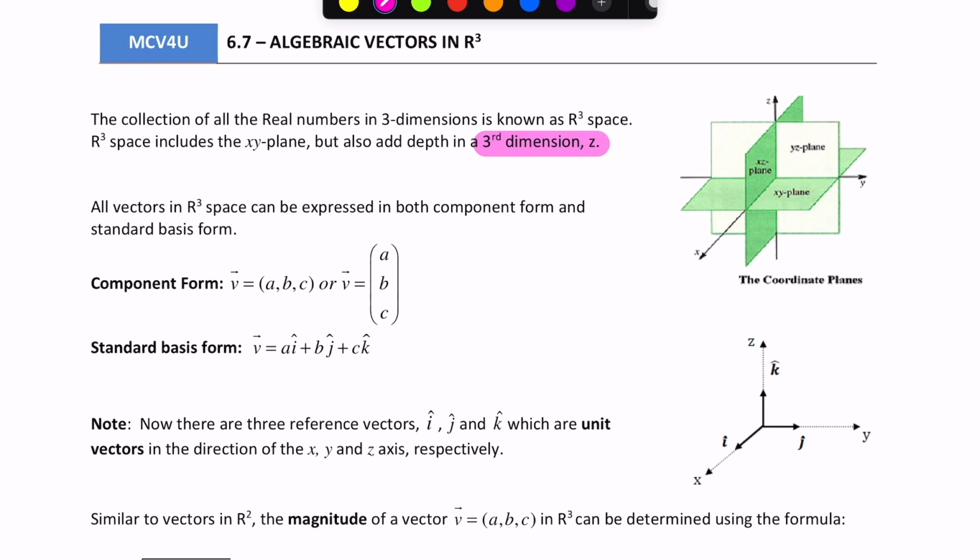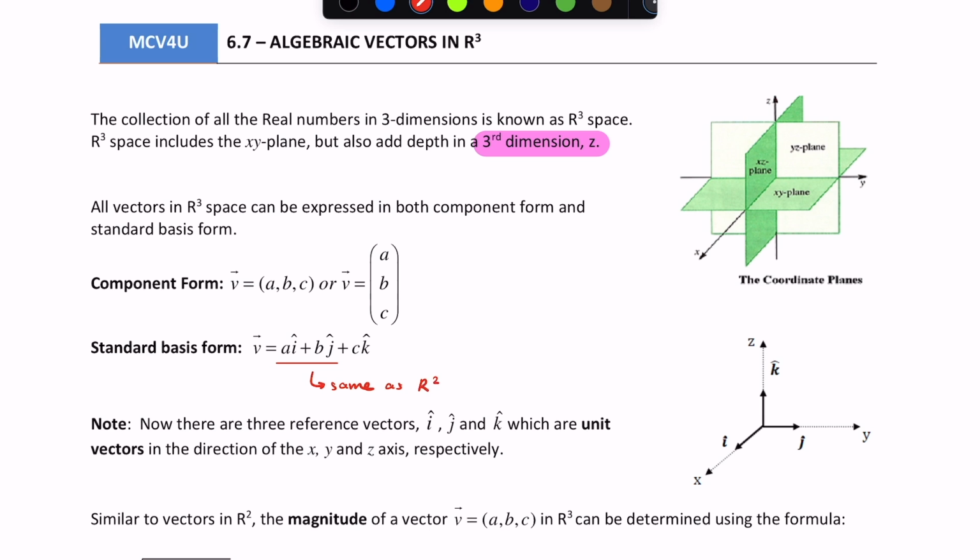When we look at our standard basis form, we have our vector equal to a times the unit vector i plus b times the unit vector j. This was the same as what we saw in two space, or R squared.